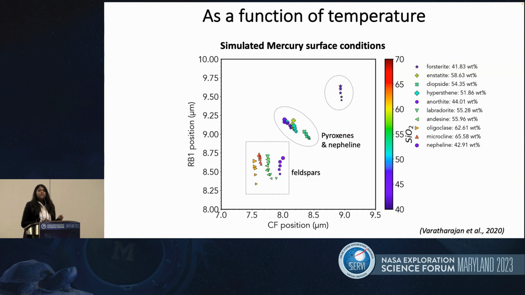But irrespective of these shifts, these minerals still sit in their own classes. So this CF versus RB1 plot will really help us to unambiguously map whether a surface is basaltic, feldspathic, or olivine rich.